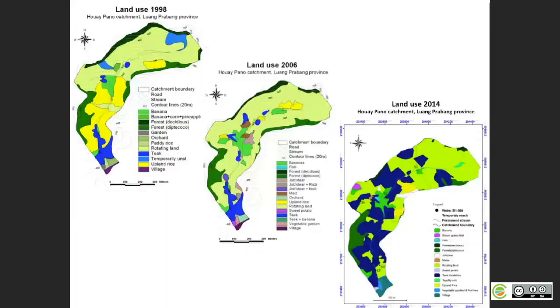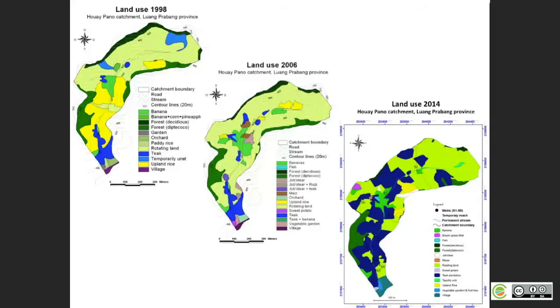So in terms of land use change in this very uppermost tributary of the Mekong River, you see different colors, but basically what we are looking at now is the dark blue color, which corresponds to the surface occupied by teak plantations. In 1998, here at the outlet you have a small village, and nearby the village you find the initial teak plantation.